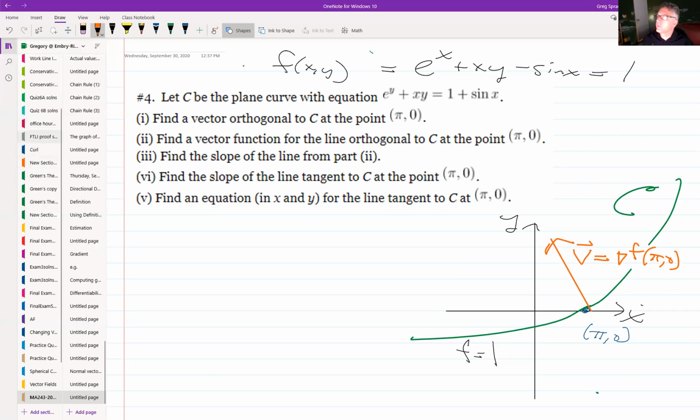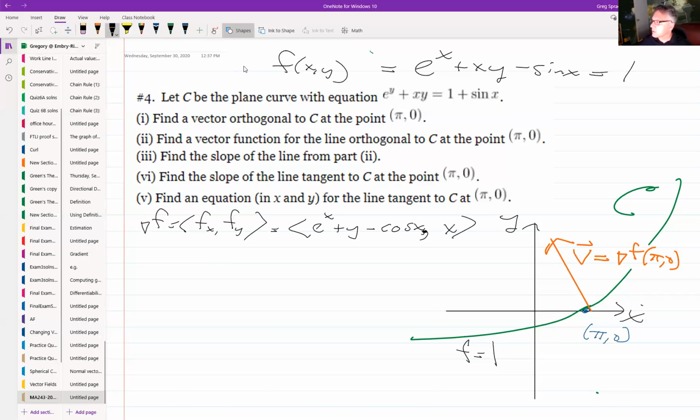All right, so let's find the gradient of f. It's not hard. Oh, I'm sorry. I read it wrong.